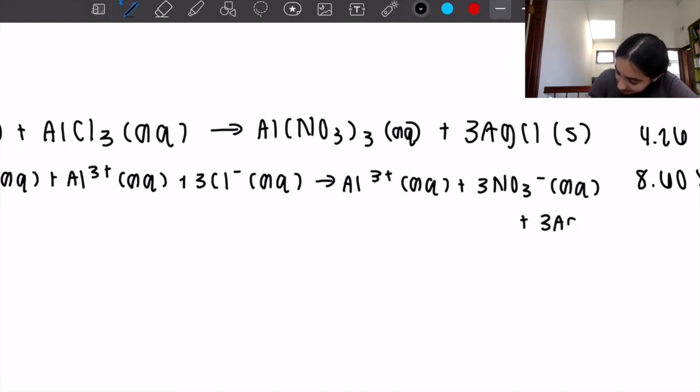Remember, our precipitate does not dissociate. That's a good rhyme. Precipitate does not dissociate. So I'm just going to leave it whole.